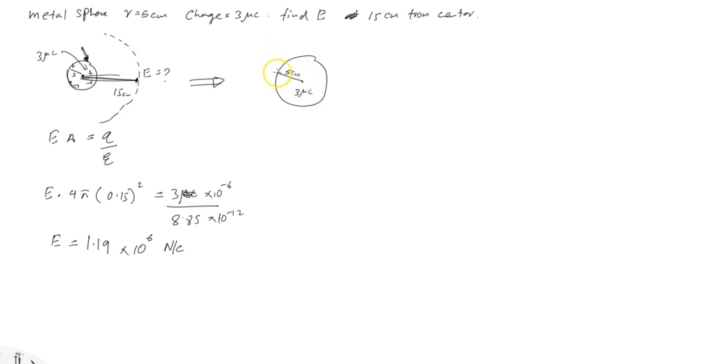I want to find the electric field right on the surface, so I'm going to use Gauss's law. I need to draw a Gauss surface that goes right over this, because the Gauss surface is also going to be 5 centimeters in radius.